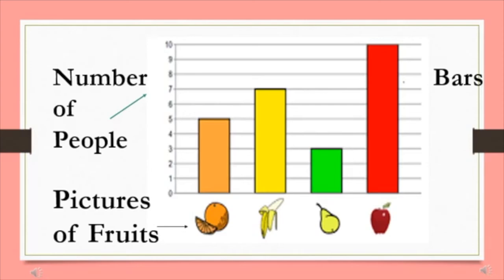Now, let me explain what is happening here. These fruits are here because we all like different fruits. We have an orange, a banana, a pear, and an apple. Next, the numbers are here to show how many people like each fruit. Did you get that?